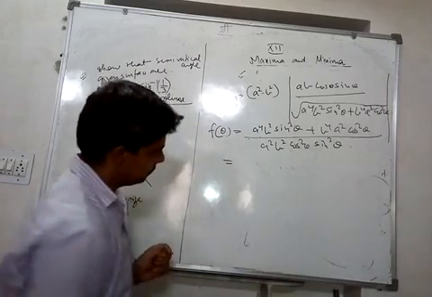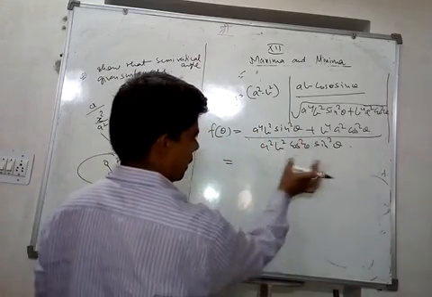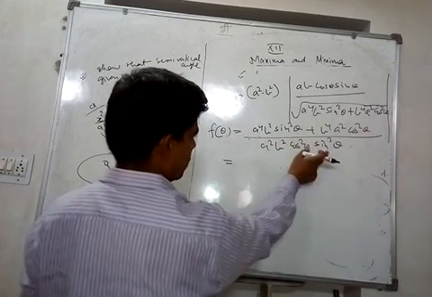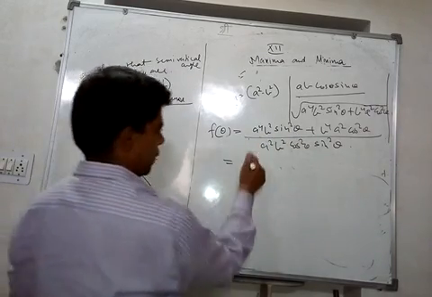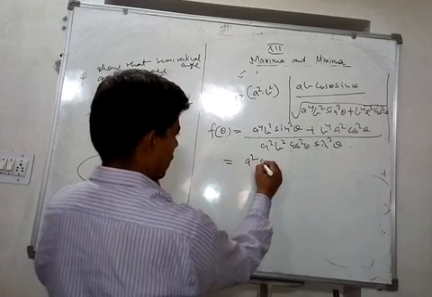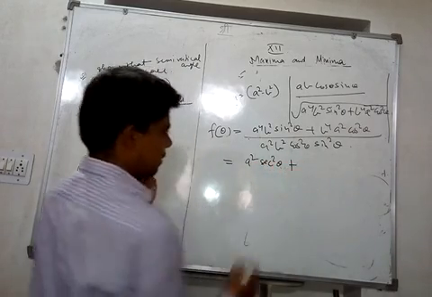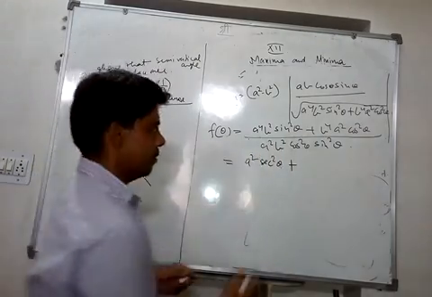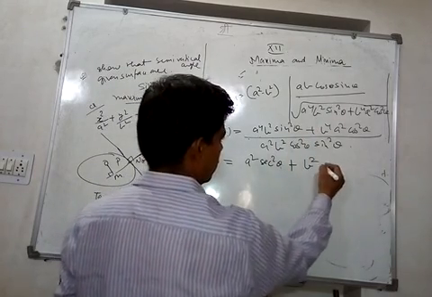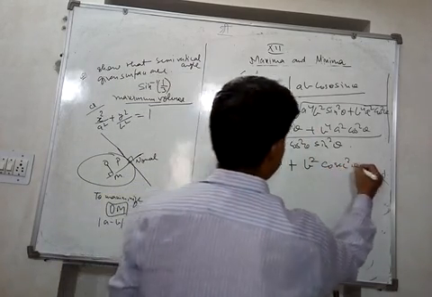Let's do that. Divide this quantity by this: b² cancels, sin² cancels, and you will get a² sec² theta. And this will also be, b² a² cancelled, b² cosec² theta.